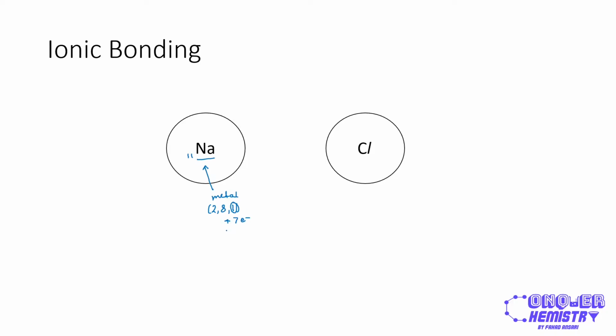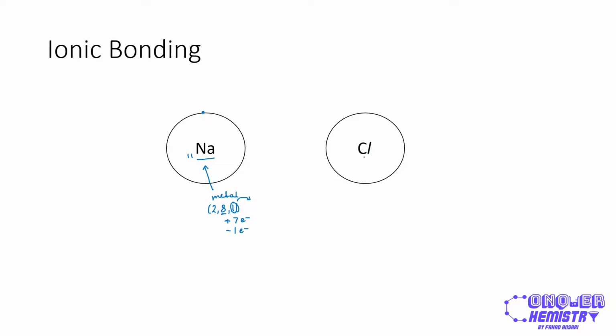So the easier process would be to just lose 1 electron. So this 1 electron in the third shell can be lost, and the second shell, which is already complete, will become the outer shell, which already has 8 electrons in it. So over here, I'm going to just show the outer shell of the sodium atom with just this 1 electron in it.